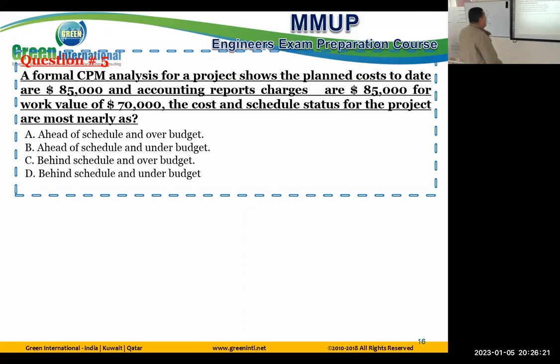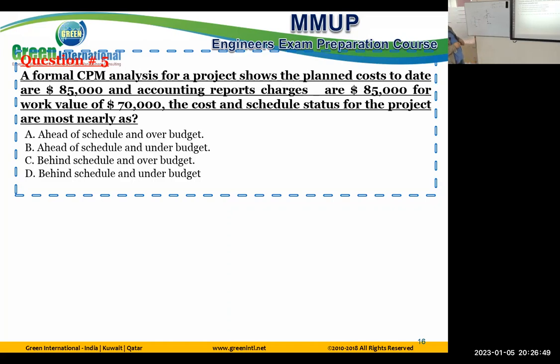Okay, we have two very important KPIs. We call them the Schedule Performance Index, SPI, and the Cost Performance Index, CPI. Both of them have a common element, earned value. Earned value is your achievement.